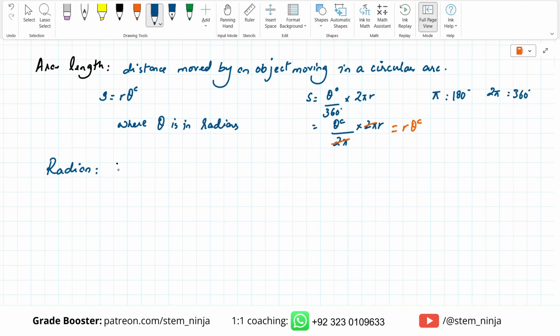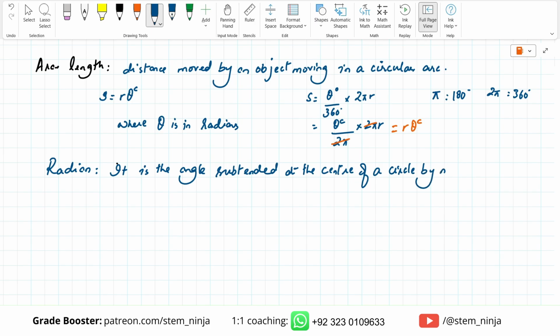It is the angle subtended at the center of a circle by an arc of length equal to the radius of the circle.